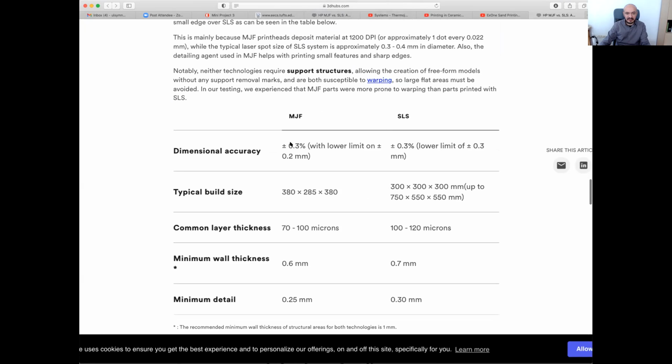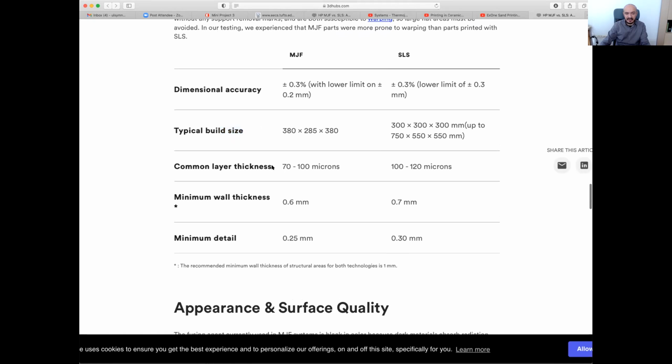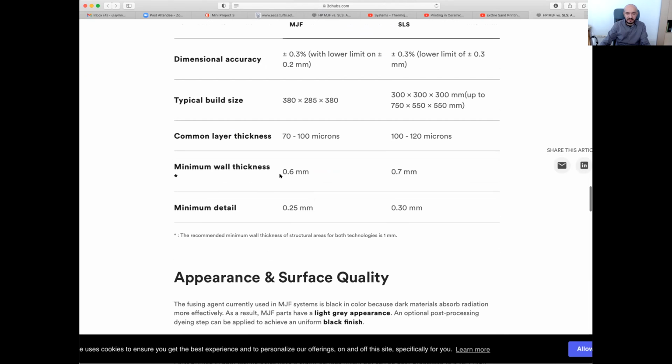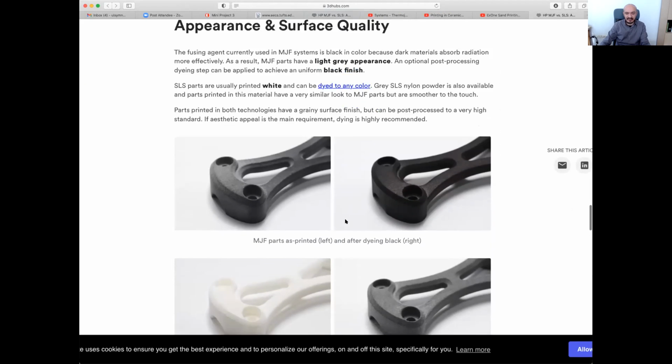So here we have a nice comparison. The accuracies are quite the same. The building volume depends on the type of machine you are using. The layer thicknesses are quite low in the multi-jet fusion, and the minimum wall thickness is a bit lower. The minimum detail features are again better compared to the selective laser sintering.